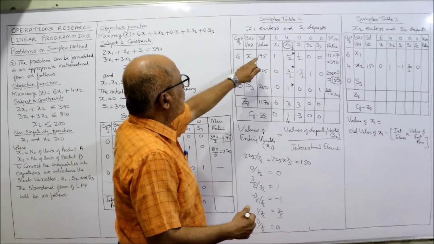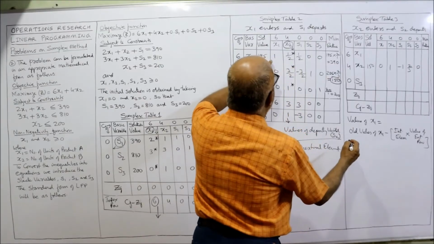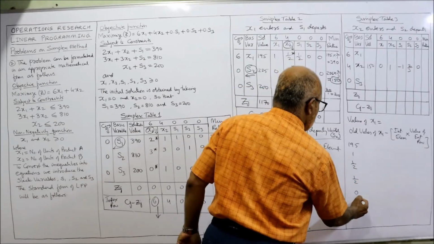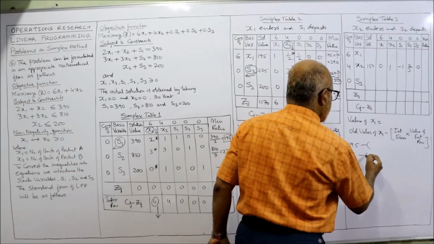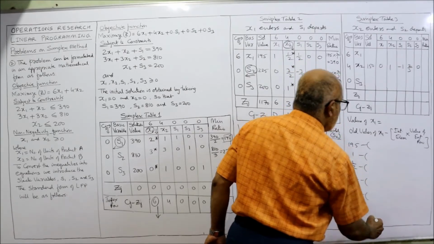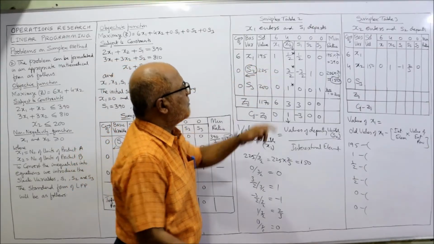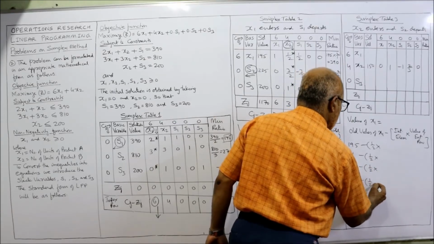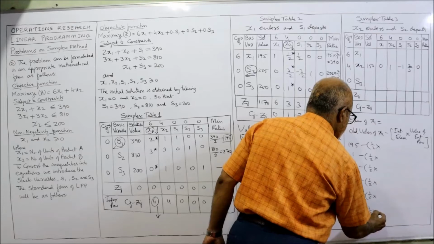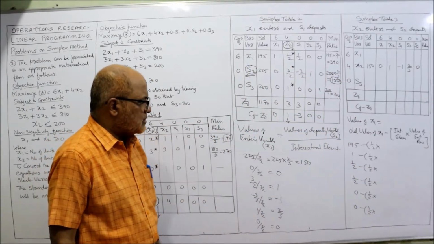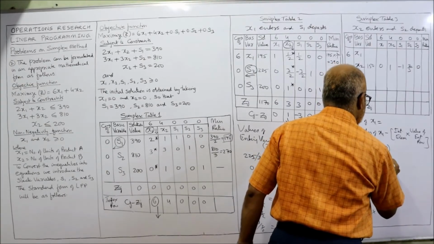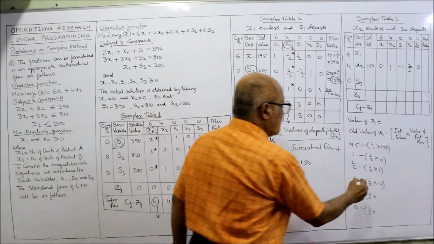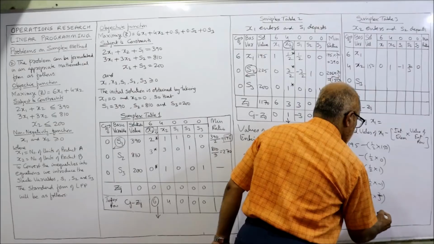Now, the old values of x1 are 195, 1 by 2, 1 by 2, 0, 0, minus the intersectional element of x1, which is 1 by 2, into the values of the entering variable: 150, 0, 1, minus 1, 2 by 3 and 0.